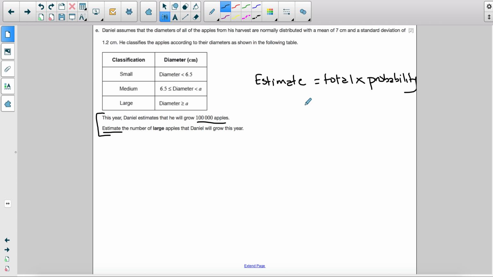So the total is 100,000, multiplied by 0.05, and it should give you 5,000 apples, and that's it. So what we're saying is, out of the 100,000 apples, we can expect that 5,000 apples will be considered as large. That's all the question is asking.